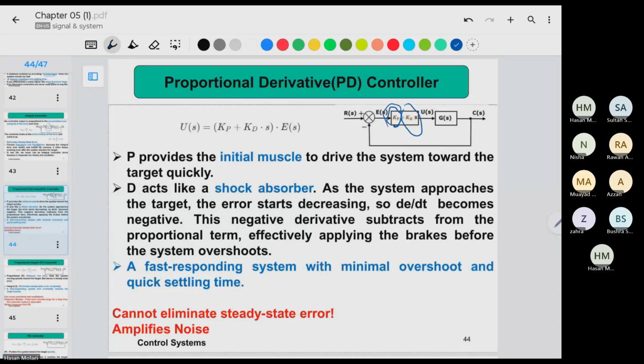So the gain can improve the initial muscle to drive the system toward the final value, make it faster. But on the other hand, the derivative is some sort of shock absorber, because it tries to brake when the system is reaching the end, right?